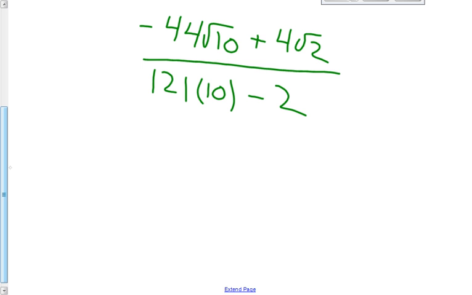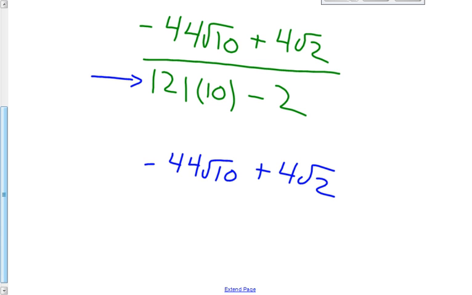We need to simplify. In the numerator, we still have a negative 44 square root 10 plus 4 square root 2. For this one right here, we have 121 times 10, which is just 1,210. Does that make sense? That's the same thing as 121 times 10.